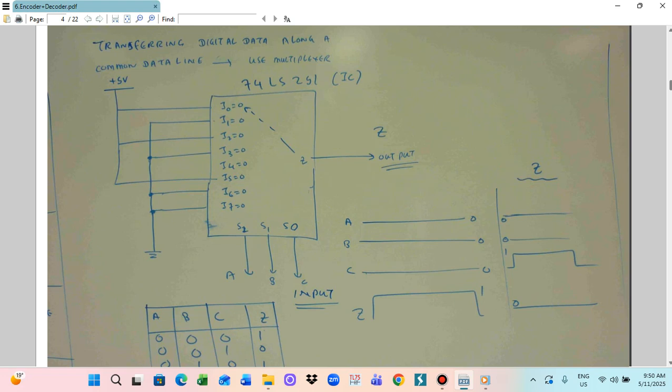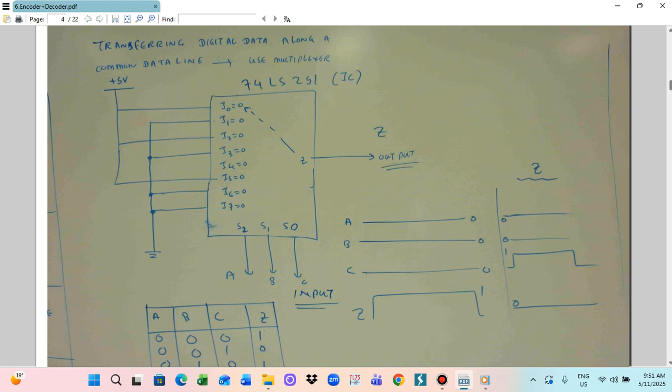So if you want to transfer the digital data along one data line, we use the multiplexer.